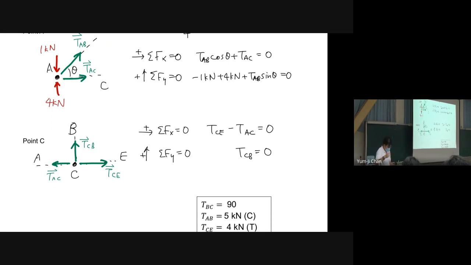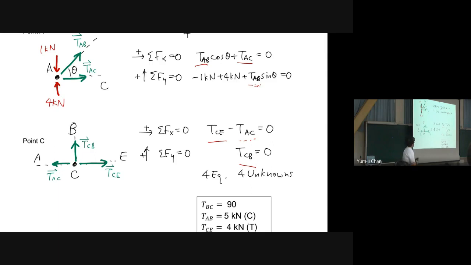The unknowns are TAB, TAC, TCE, and TCB. So we have 4 equations and 4 unknowns.